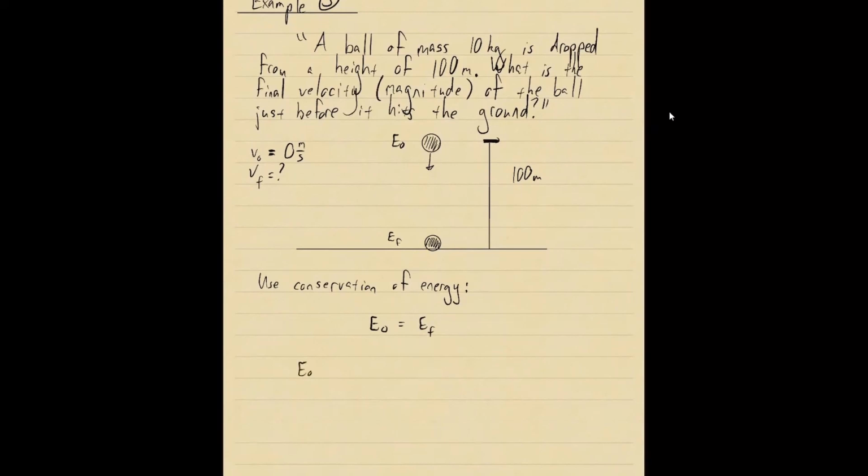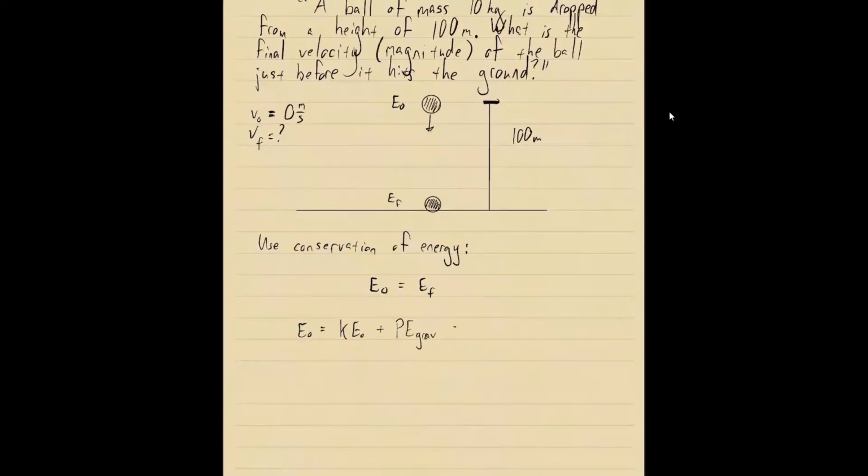Our total energy to begin with is going to be our initial kinetic energy for our ball plus our initial gravitational potential energy for our ball. So this is going to be our initial kinetic energy, which is 1/2 m v naught squared, and our gravitational potential energy is just m g h naught.